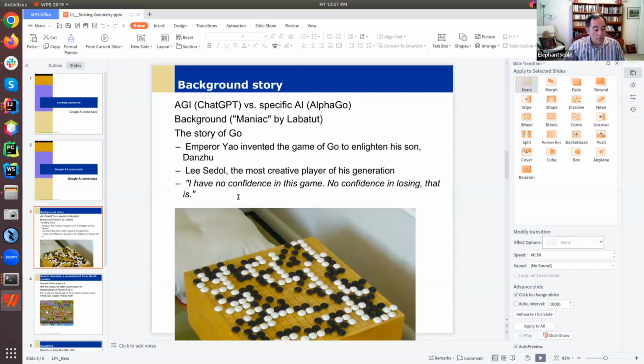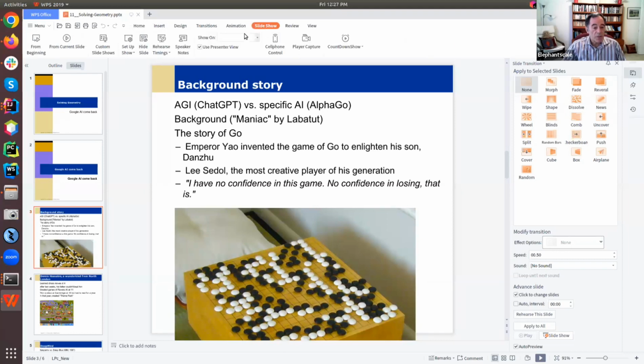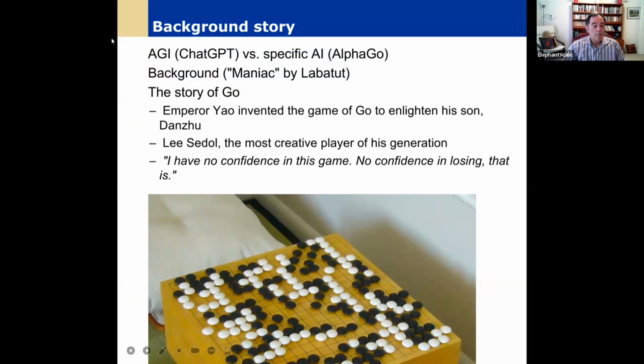So I will first talk about Go, and then about AI playing Go, and then it will turn out that the latest AI thing from Google is a step beyond. That's why we need to go here. So first we talk about, I wonder if I can show the slides a little bit better. From current slide, yeah, it's a little bit better.